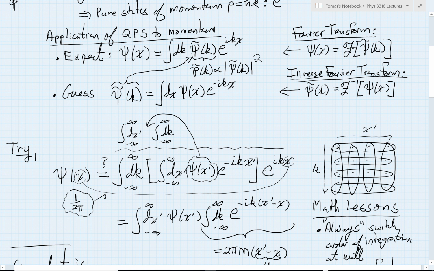It turns out, though, that there's another way to do this that turns out to be more convenient. It will be more convenient because it will help us with our proportionality constants. You notice we were guessing that this probability has to be just proportional to psi tilde squared.